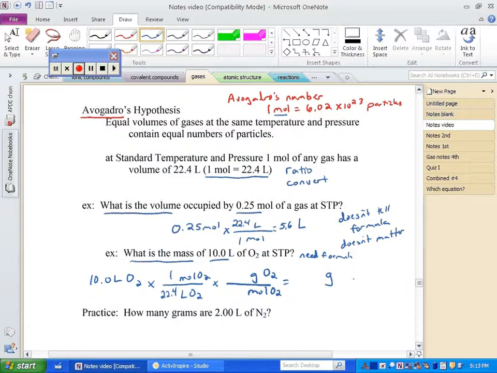Grams in the top, because grams is what we're looking for. Moles and grams is where we use the molar mass, which remember was add up from the periodic table. So oxygen is 32.00 and moles is 1. So we have 10 times 1 divided by 22.4 times 32 divided by 1. And we get 14.3.